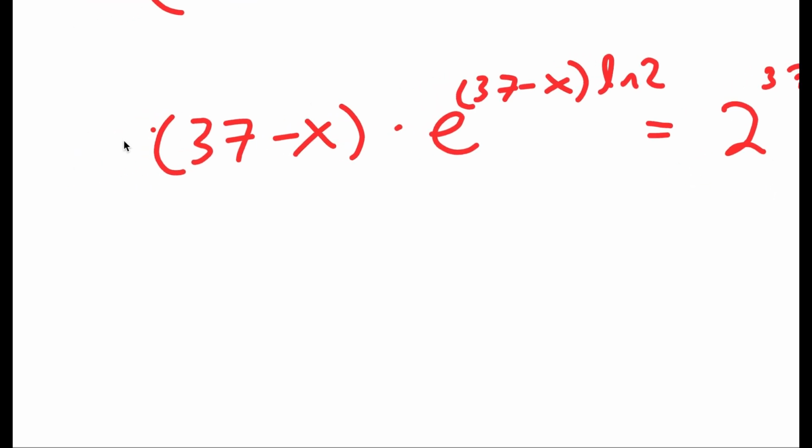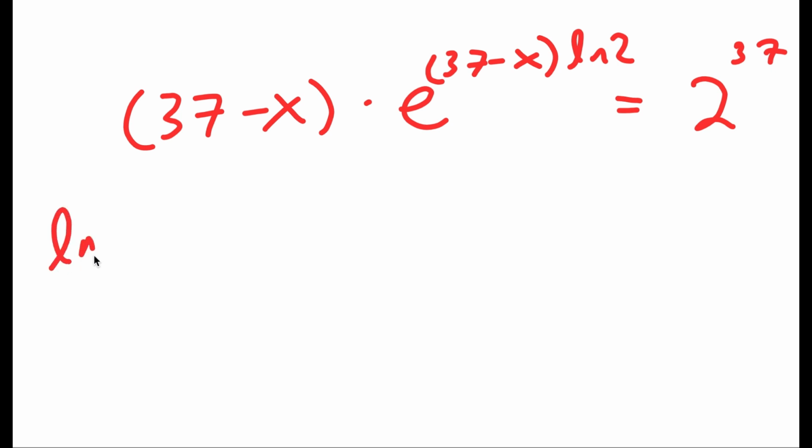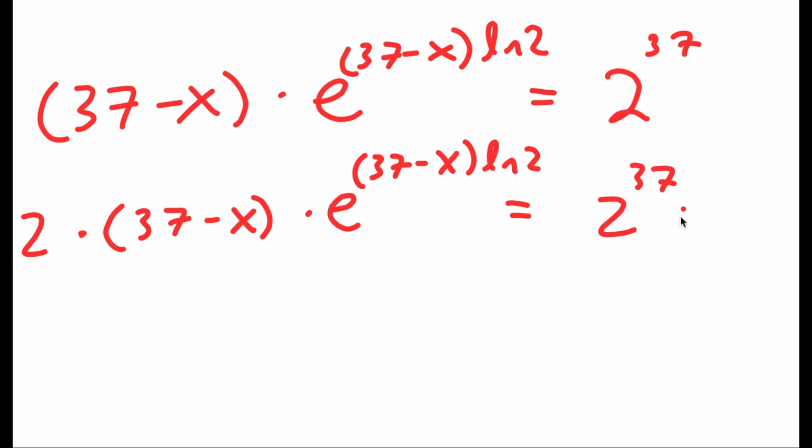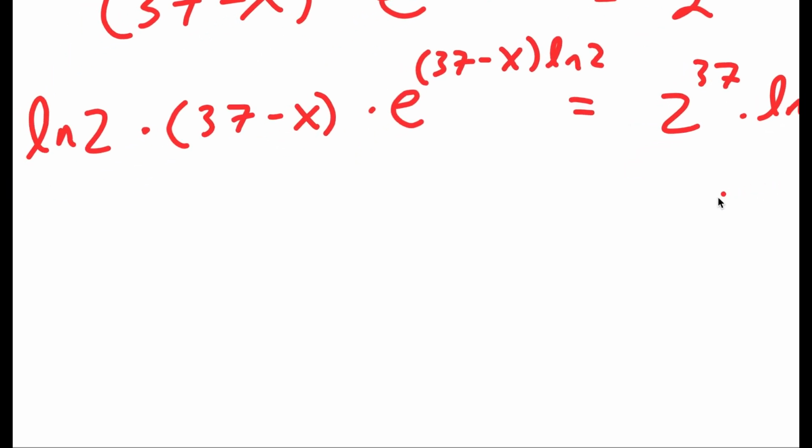Now I'm going to multiply both sides by ln 2. So I get ln 2 times 37 minus x times e to the power of 37 minus x times ln 2 is equal to 2 to the power of 37 times ln 2.